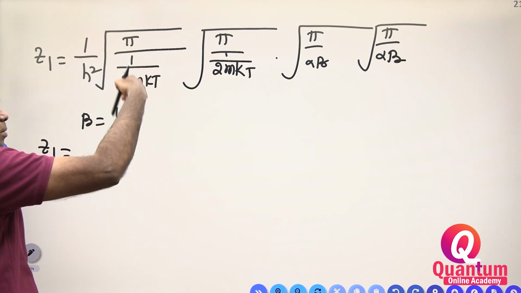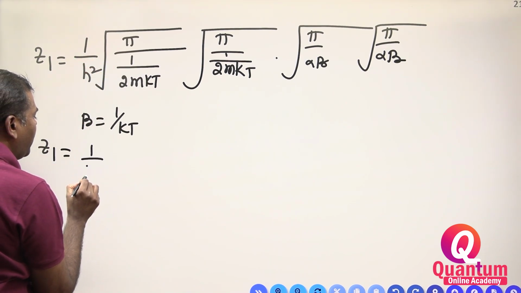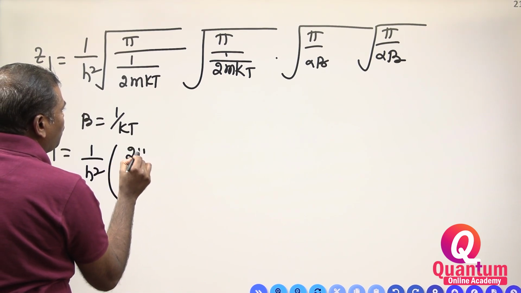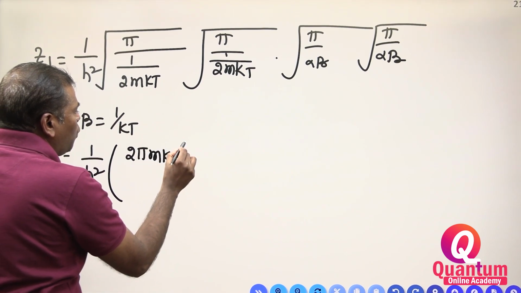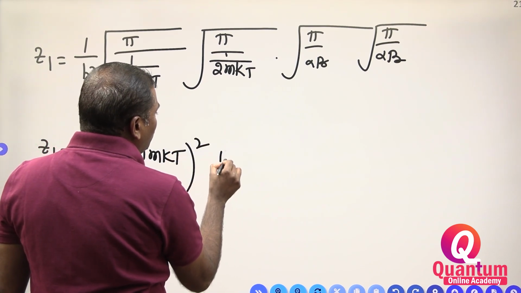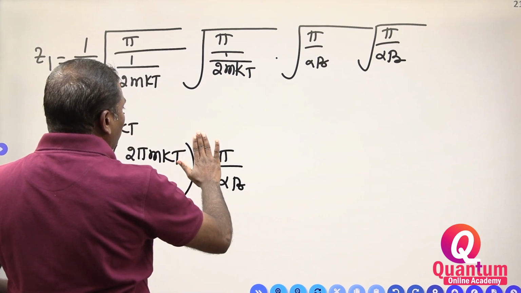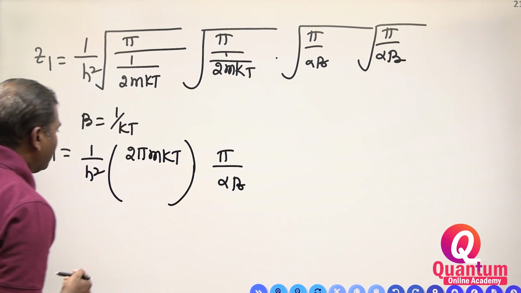Then denominator by denominator goes to the numerator: 1 by h square into root 2 pi mkT whole square into pi by alpha beta. Root 2 pi mkT is there, alpha beta is there.